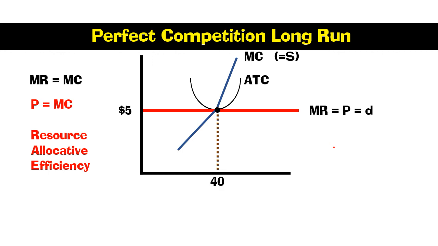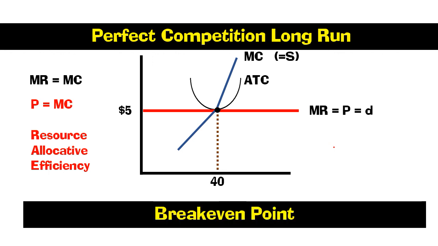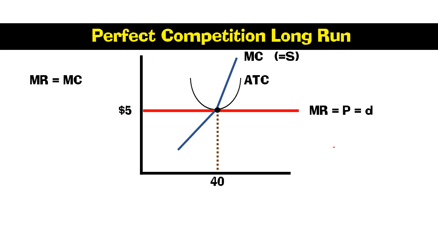And the marker for that is price equals marginal cost. So when price equals marginal cost, we have resource allocative efficiency. That's fair to everybody. The people who work harder got more. The people who contributed more got more. It's resource allocative efficiency. We allocated our resources as efficiently as possible. Okay, again, at the break even.